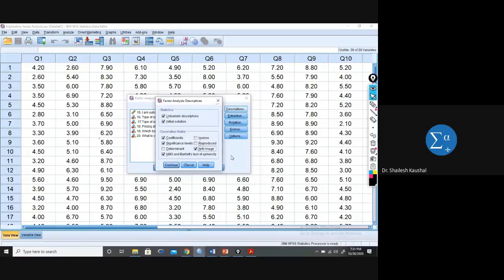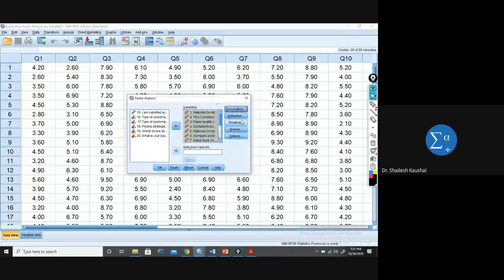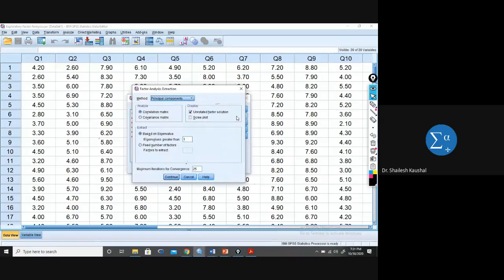These are ticked by me. And then continue. Then extraction. Here you can see scree plot, and then eigenvalue greater than 1. This is the eigenvalue, and then continue. I did not change anything.